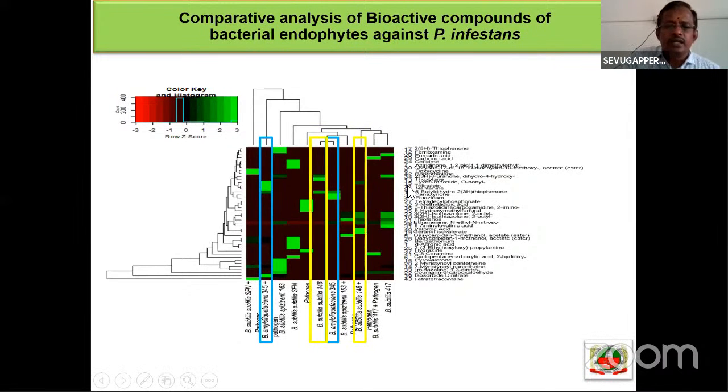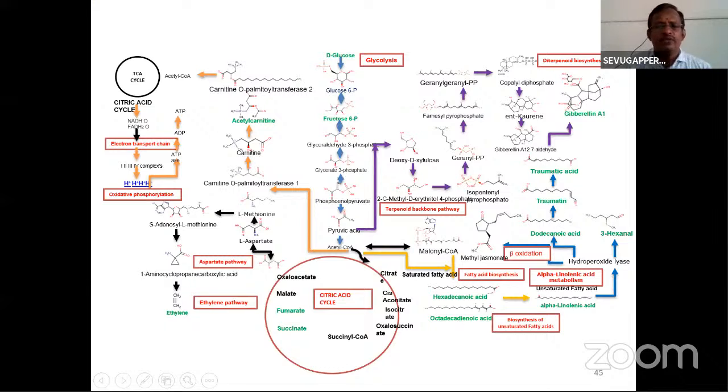where we have studied. Ultimately, if you put all the cycles together, a KEGG map pathway has been analyzed. When these different types of bacteria were used for identification, they produced different compounds: fructose 6P, acetyl carnitine, ethylene, fumarate, succinate, hexadecanoic acid, octadiene, alpha linoleic acid, dodecanoic acid, traumatic acid, traumatin, and gibberellic acid.